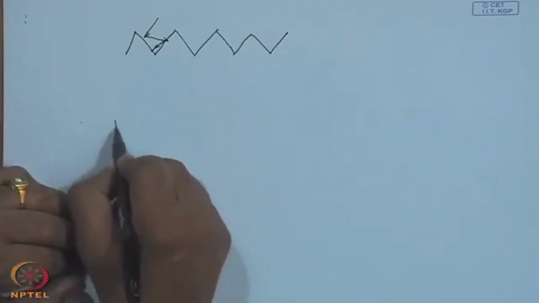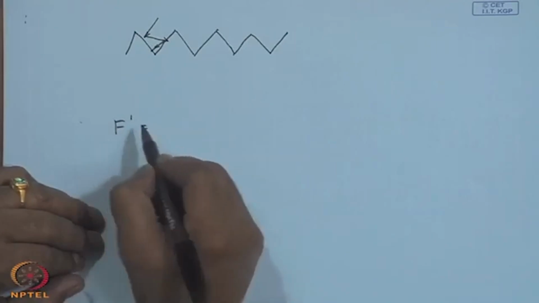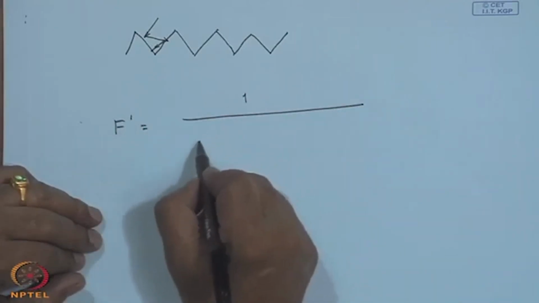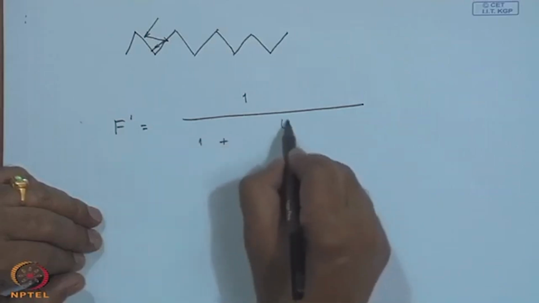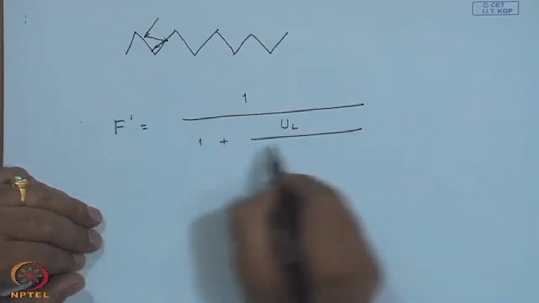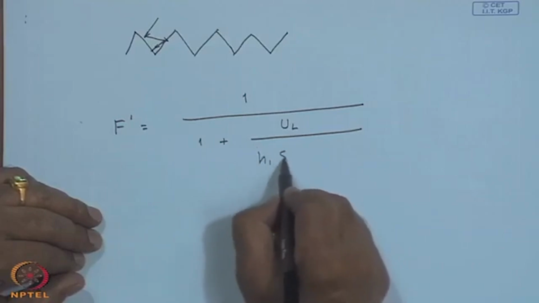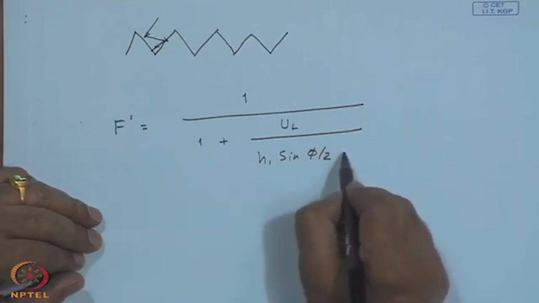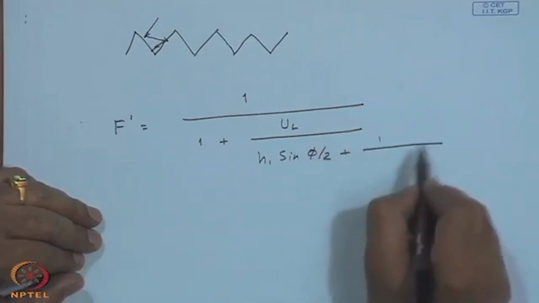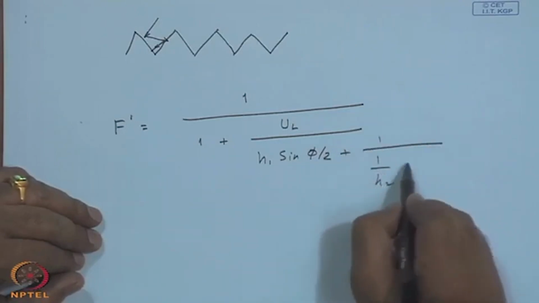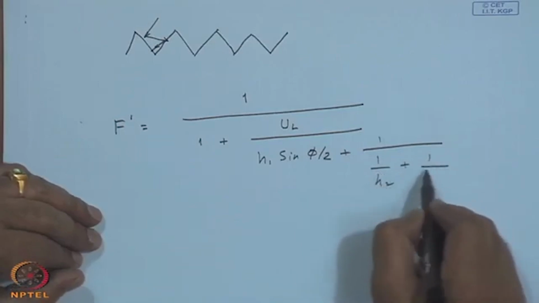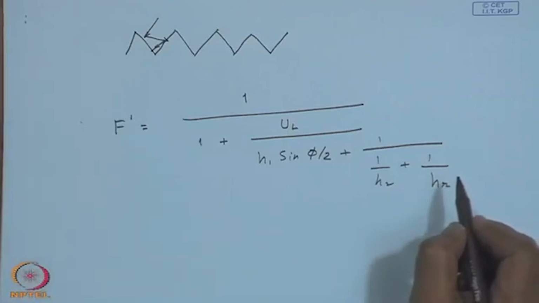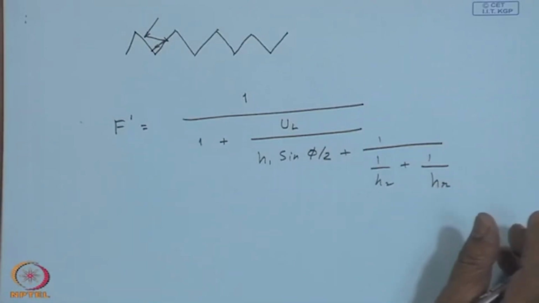So, F dashed for this particular situation is 1 upon 1 plus overall loss coefficient U L upon H 1 sin phi by 2 plus 1 upon 1 by H 2 plus 1 by H r, where H r is the radiative heat transfer coefficient for this situation.